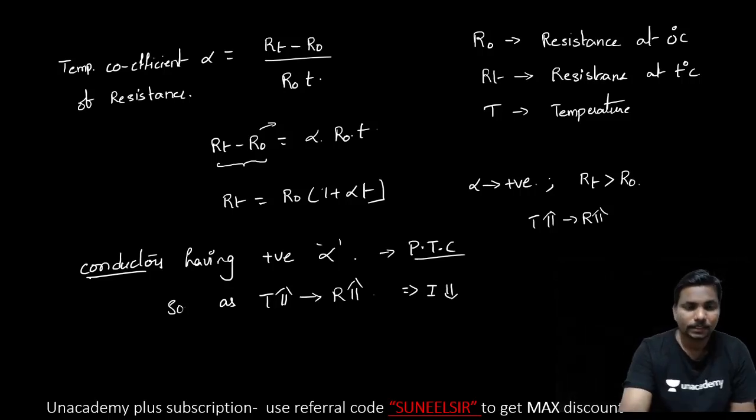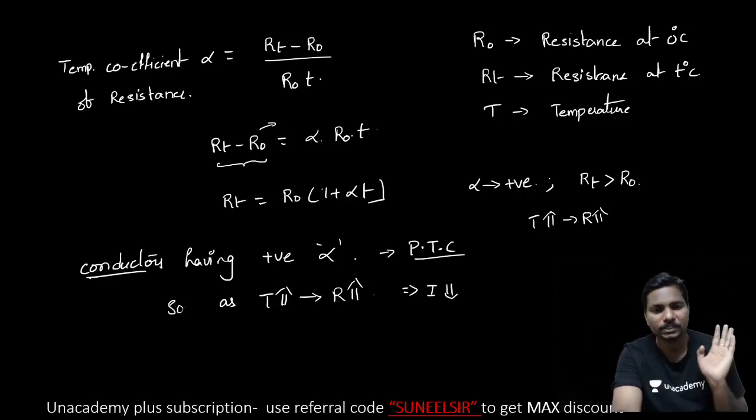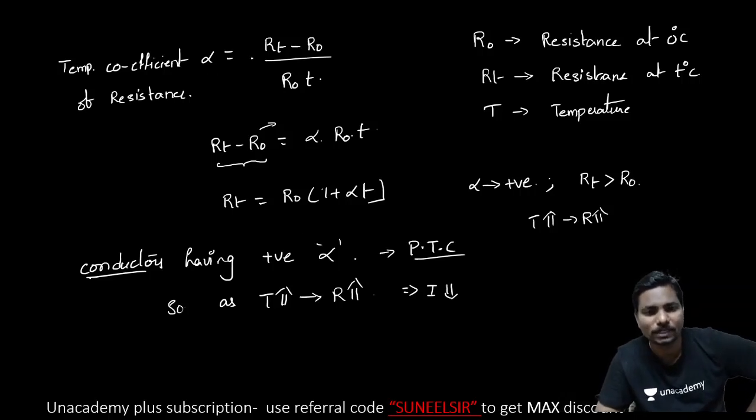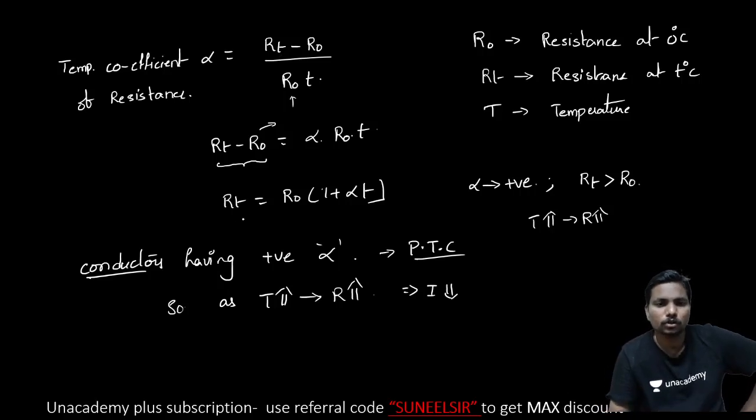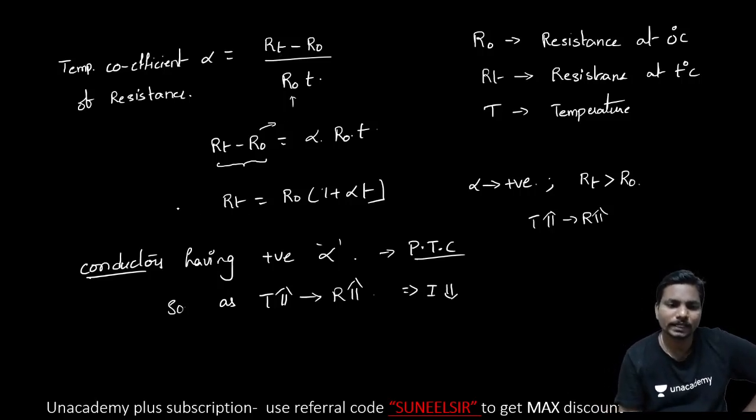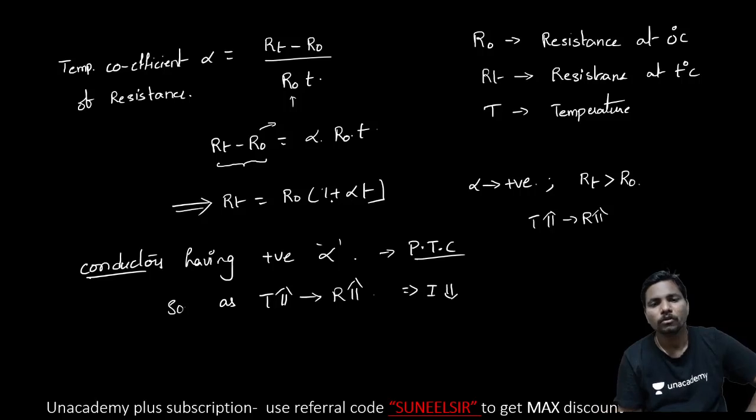Once again, the temperature coefficient of resistance is alpha. Alpha is equal to the change in resistance divided by the resistance at 0 degree centigrade into the temperature. Summarizing, the resistance at T degree centigrade is R naught into 1 plus alpha T, where R naught is the resistance at 0 degree centigrade.